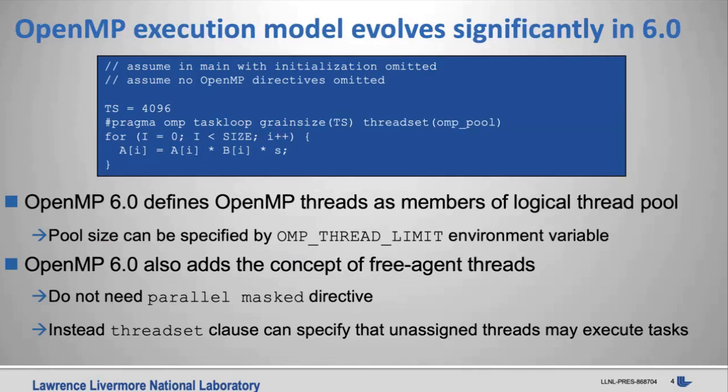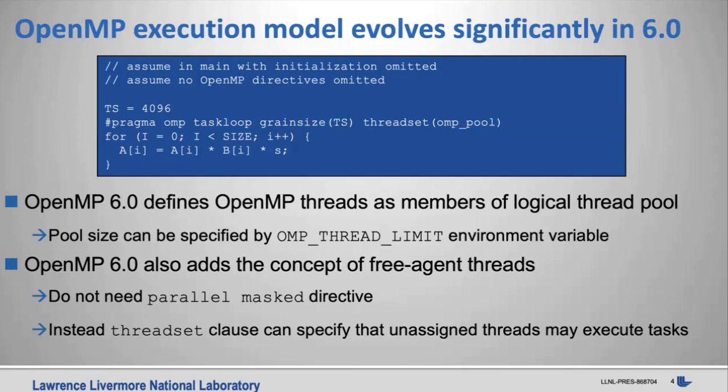So in 6.0, we define the set of OpenMP threads as members of a logical thread pool. Those logical threads then map to native threads, however the implementation chooses. The pool size can be specified by the OMP_THREAD_LIMIT environment variable.